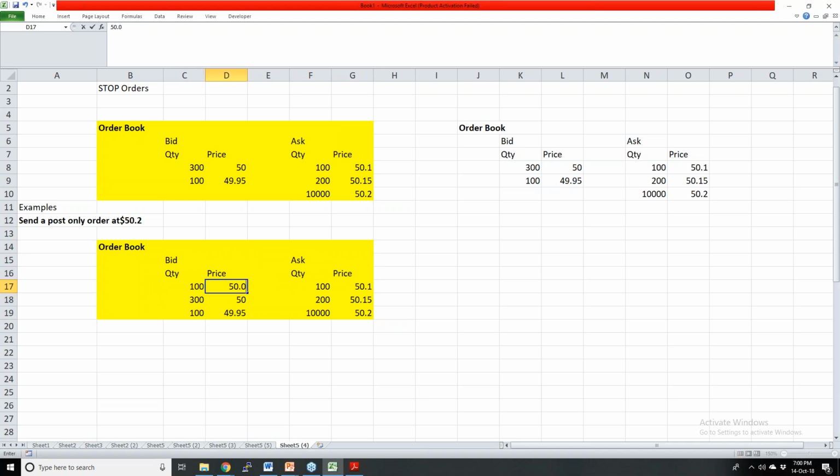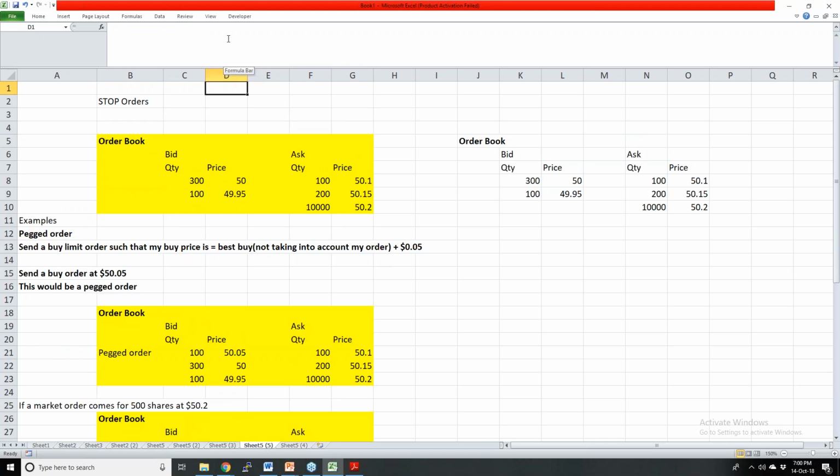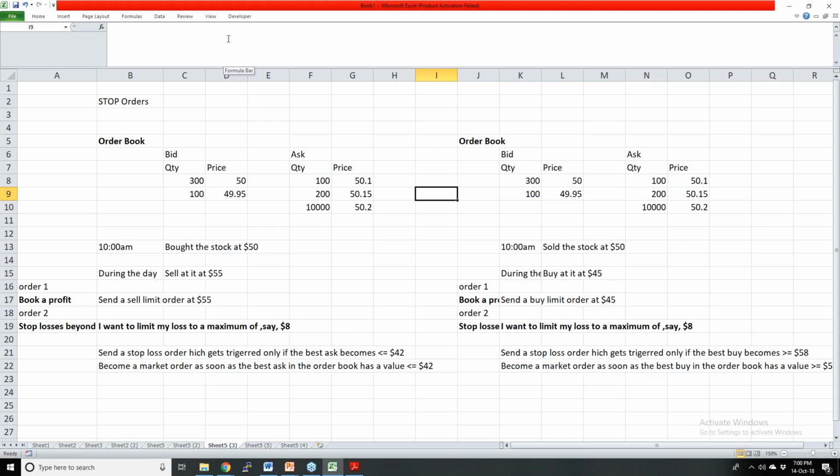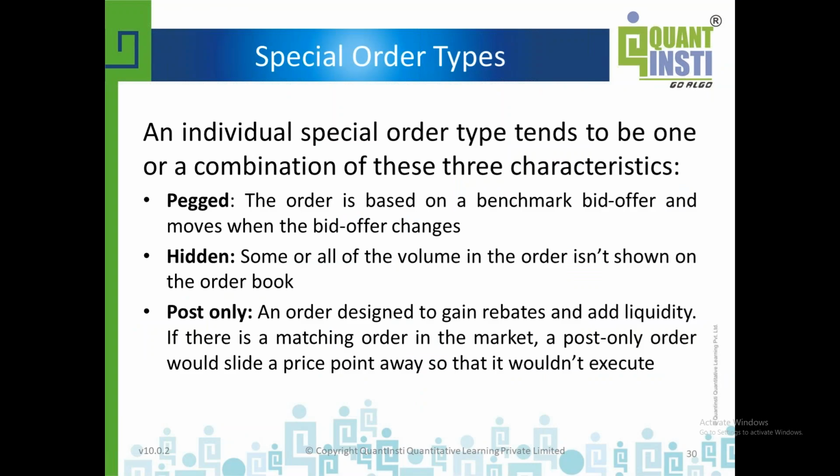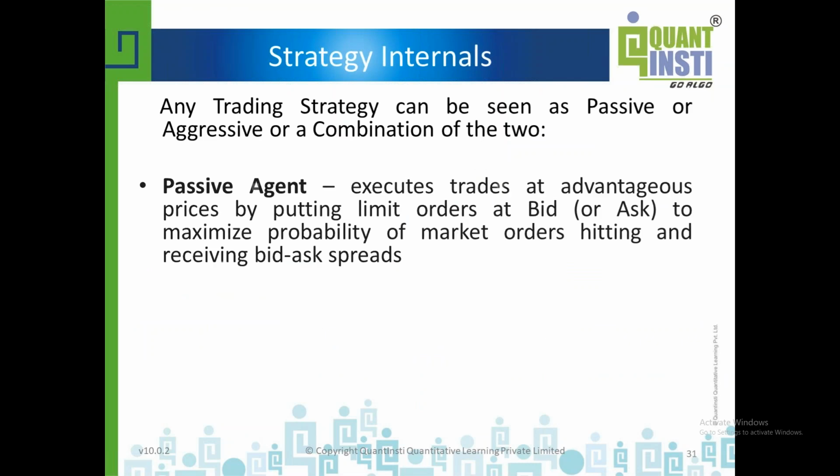Because it's a post only, it doesn't want to get immediately traded, right? Send a buy post only. All right, so send a buy limit order. I've already written this, right? All right, so this is post only.